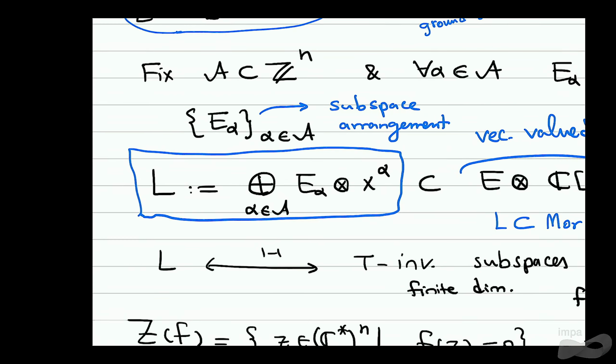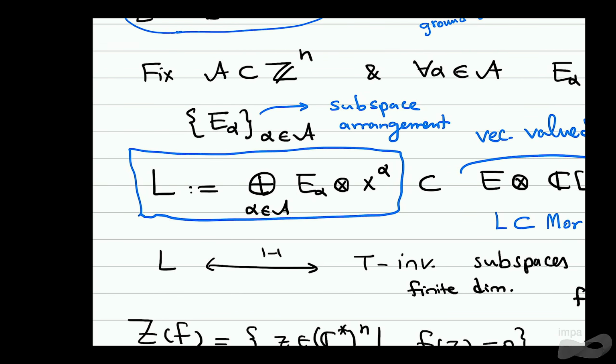The coefficient of x^alpha comes from the attached subspace. So I look at such Laurent polynomials where the coefficient of x^alpha comes from the subspace attached to it, and this is a finite-dimensional subspace of the space of vector-valued Laurent polynomials.